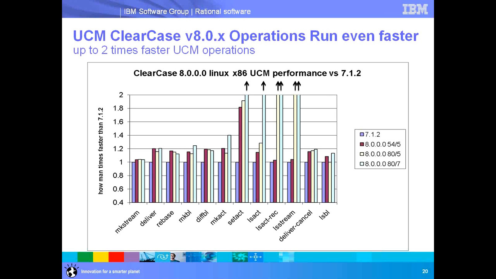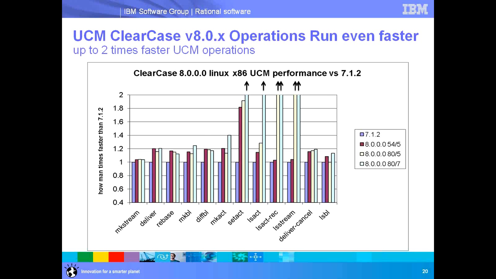It's clearly seen that in 7.1.2 there was the same range or the same performance level for all the commands. But in 8.0 onwards, there has been a major improvement in most of the UCM-based operations, and in some operations we have been able to get performance which is double the one present in the 7.1.2 series of ClearCase.